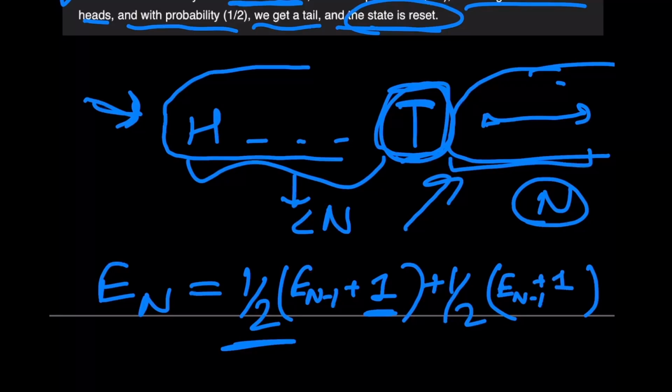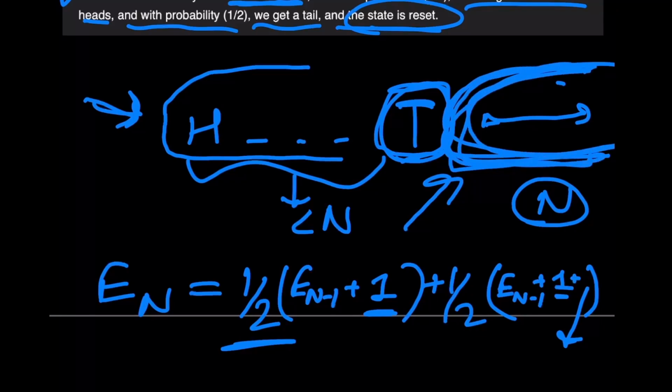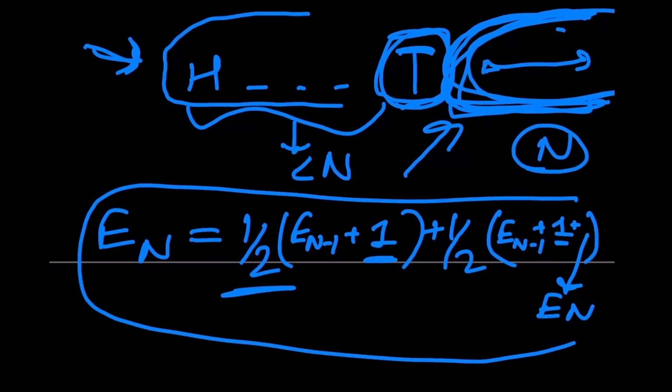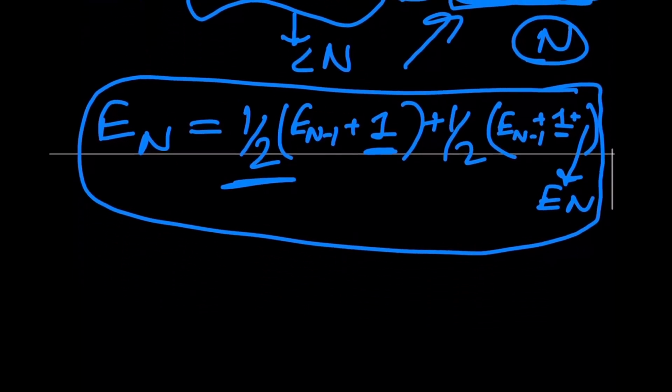Then we got a tail, so I'm also going to count that as plus 1. And then, because the state was completely reset, what is the expected number of more coin tosses that we're going to require? It's going to be E of n. This is the exact same concept as the previous problem we did. So this is the recurrence relation that has been formed.